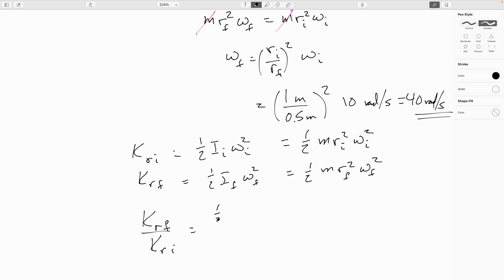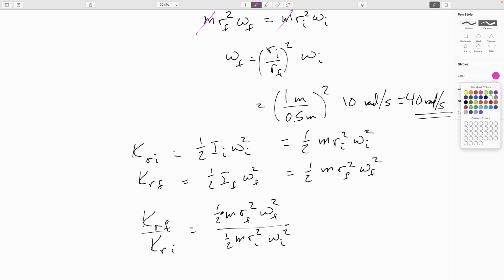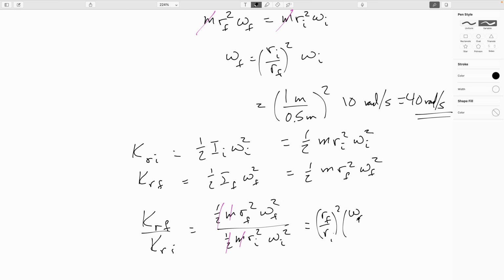So this will be 1/2 m r final squared omega final squared over 1/2 m r initial squared omega initial squared. We can cancel some halves and some m's. I guess that's good. What are we left with? We are left with r final over r initial, squared, times omega final over omega initial, squared.